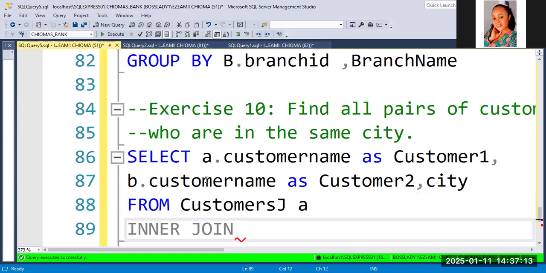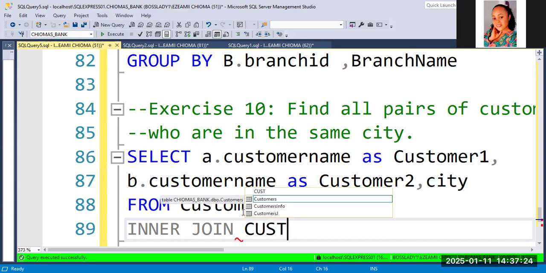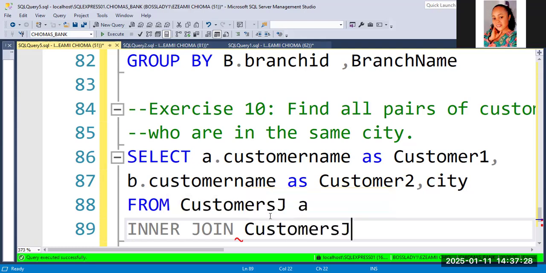So if you give us a customer, give us the city that the customer is in. So we join on the same customers table. This is self-join, we're joining it on the same table.